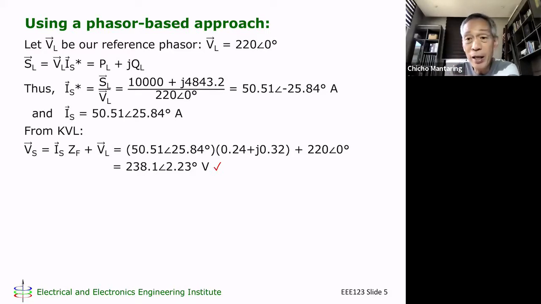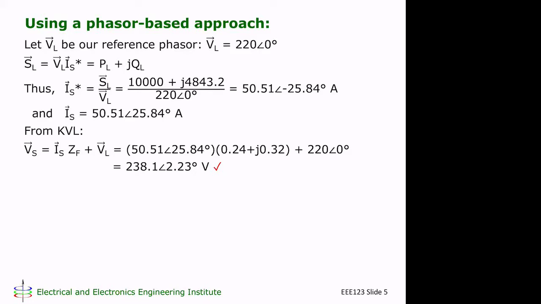Okay, so now how do we get the power and reactive power delivered by the source? Any suggestion, Justin? Justin Bryan, how do we get the power and reactive power delivered by the source? Sir, we can use complex power.